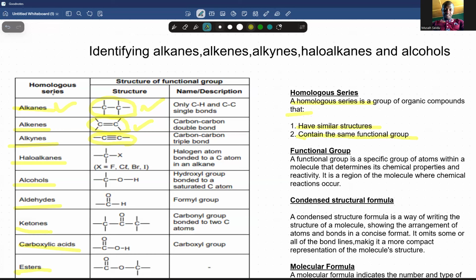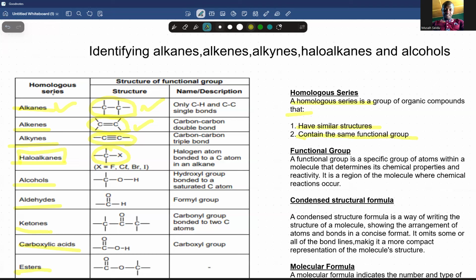Now, an alkane has carbon-hydrogen and carbon-carbon single bonds. If we have an alkane which is now bonded to any of the halogens, then that is a haloalkane. That is the homologous series, haloalkane.